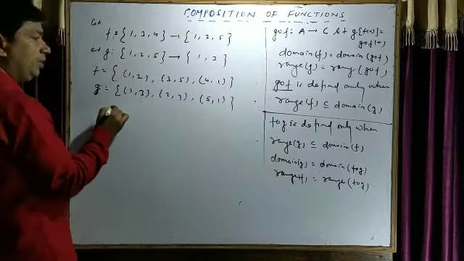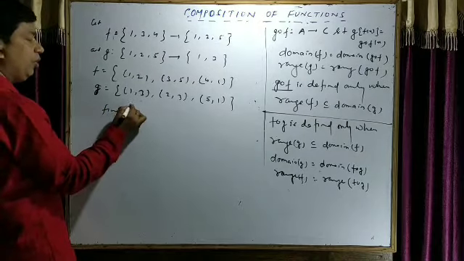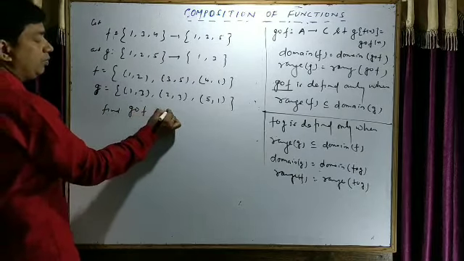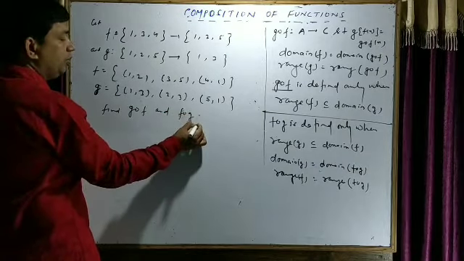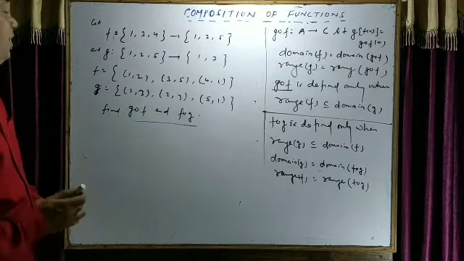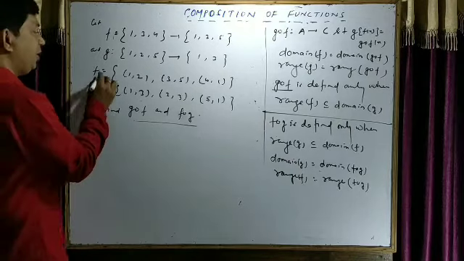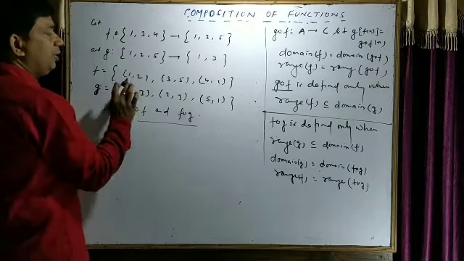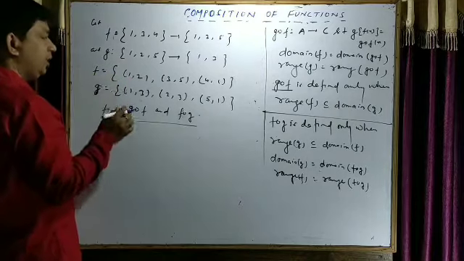Now find gof and fog. When is it possible? I already told. First, f is a rule, and here it is both a relation and a function.